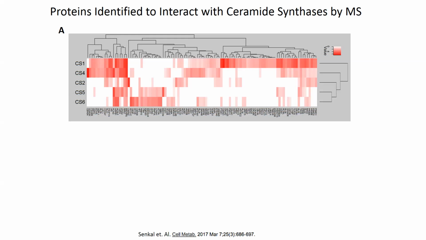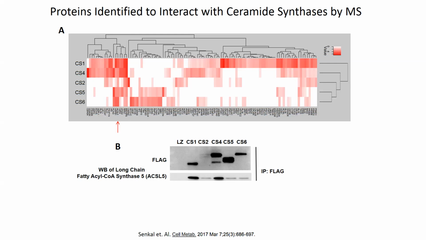What he found was that one particular protein associates with all of the different ceramide synthases, meaning that it must be important in this pathway. Plus, he found many proteins that associate with different ones, and he's taking these into his work as he moves forward with his own grant.